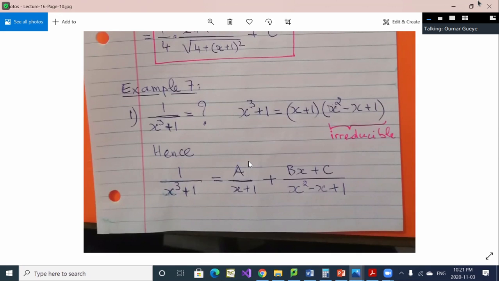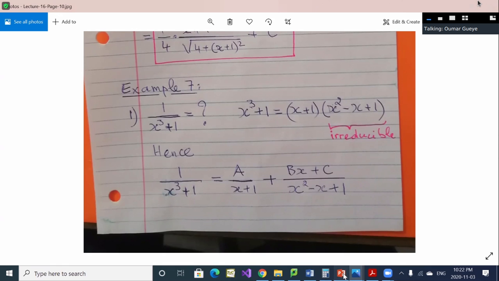Here I don't want to use the index, because we don't have too many letters, so it's enough to say just A, B, C, or we can use A1, A2, A3, or A1, B1, C1. It doesn't matter how you name your coefficients. And from the second factor, which is quadratic, it's going to be the same denominator, but the top is going to be bx plus c.